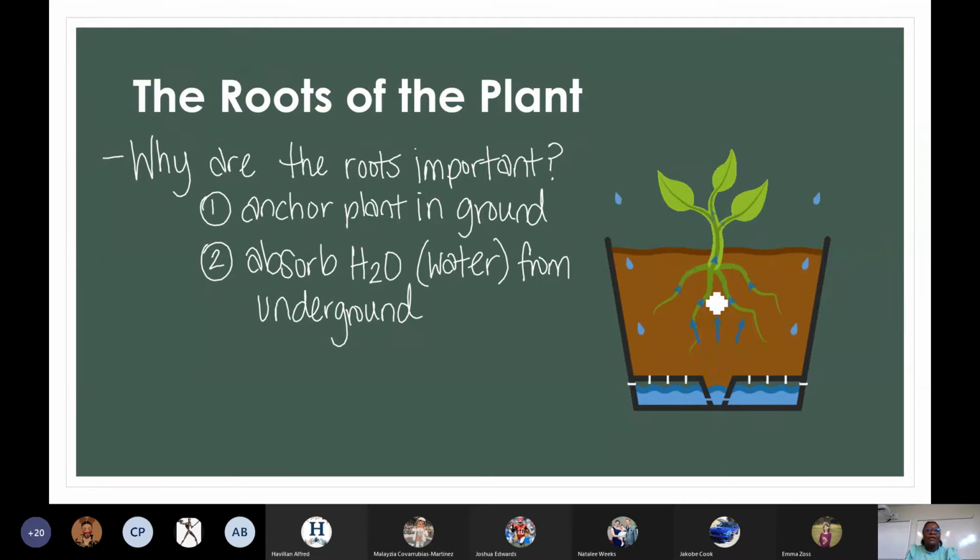It may be a good idea when you've drawn that picture to label the roots and label where the underground water is.